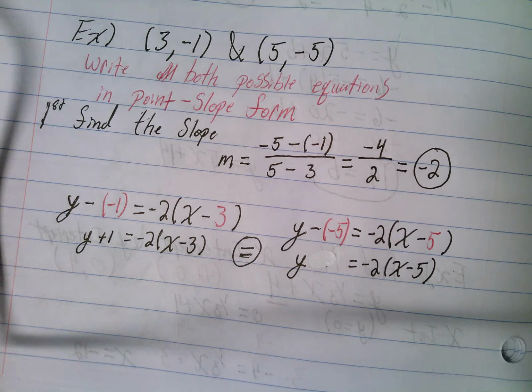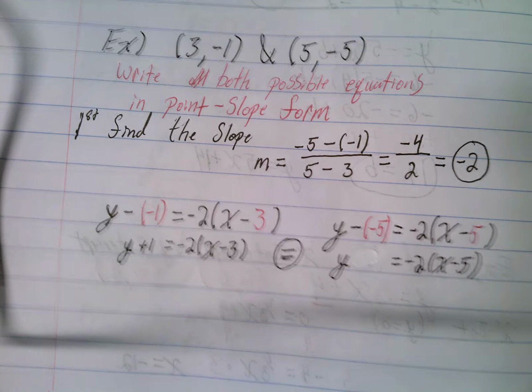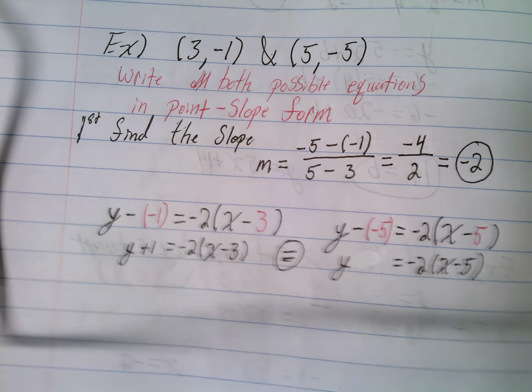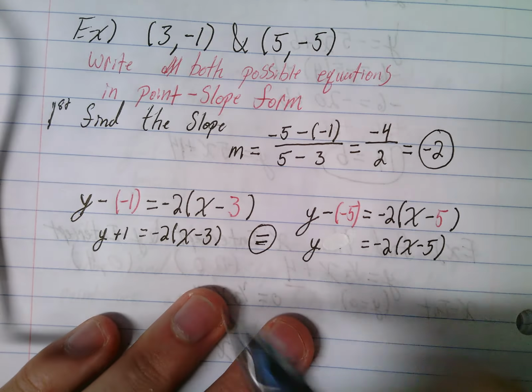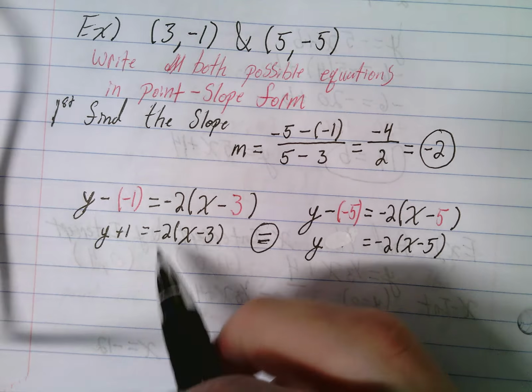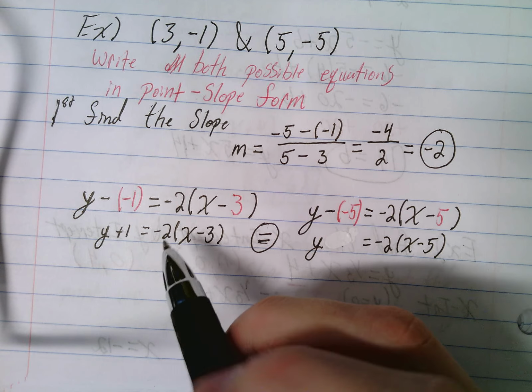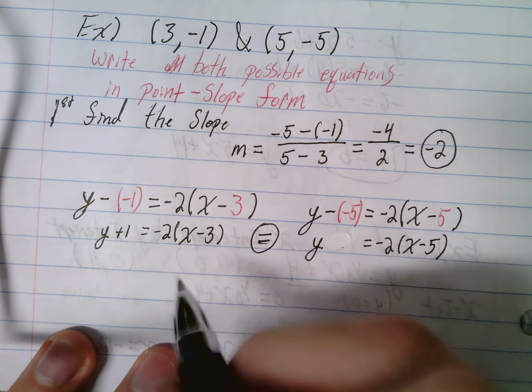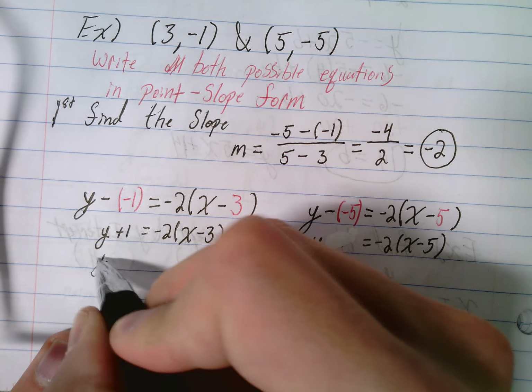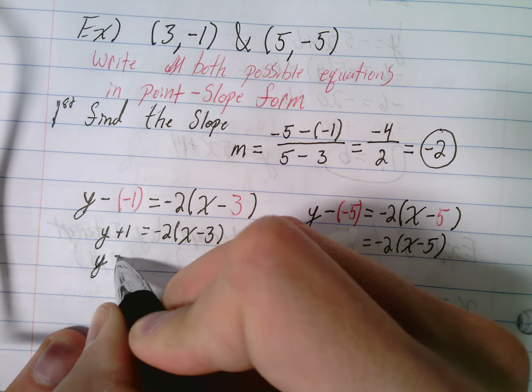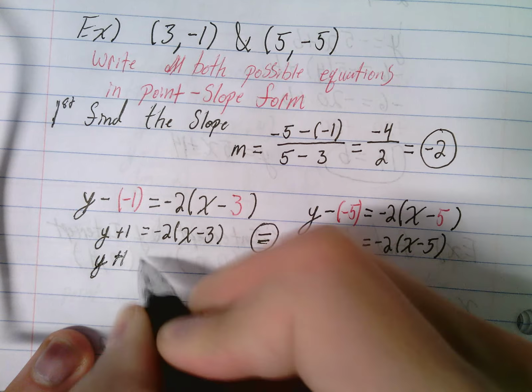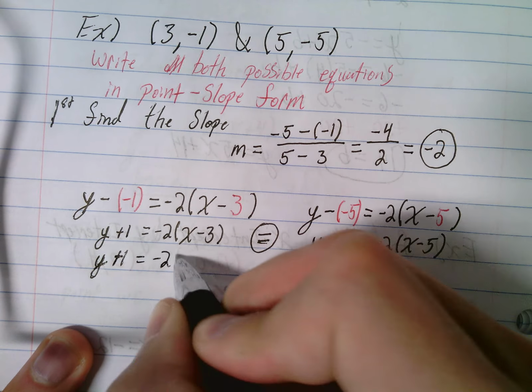Well, I was going to say we can stop them, but let's do it. Let's simplify them. These aren't hard to simplify. Let's start with this one while we're waiting for this to dry. How do I get rid of this -2? Distribute it. Y plus 1 is -2x.